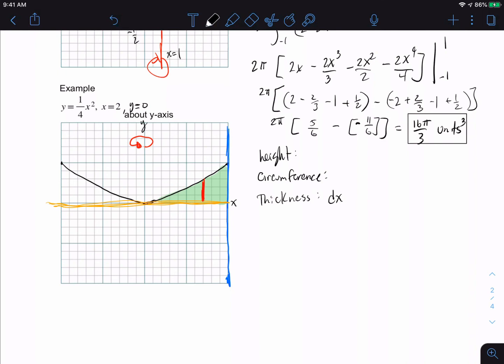Remember, the height's the piece that's the cross-sectional slice, the piece in red. So we're looking for how tall this is, right? What's its height?